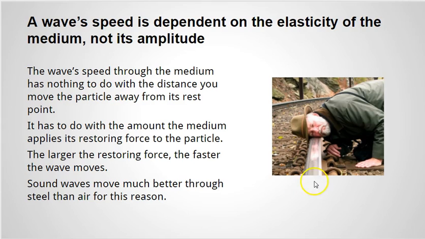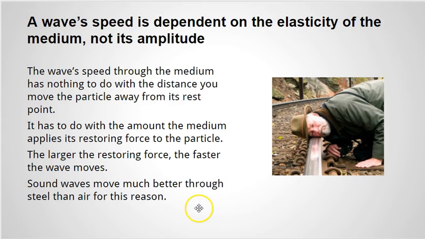And the reason for that is because the particles in the steel are very stiffly held in place. So sound waves travel very fast through them. Whereas air, the air particles kind of bounce around. They're not really locked into place, so they transmit sound okay, but not really that great. And it's actually quite slow compared to the speed of sound in steel.